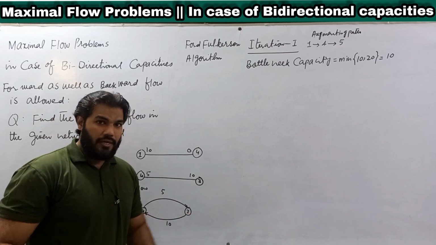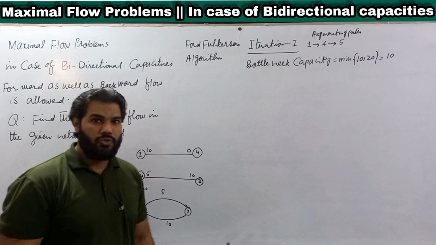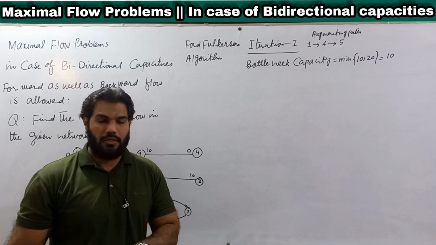Next, we find the residual capacity. How will we find the residual capacity when our network model consists of forward as well as backward flow?